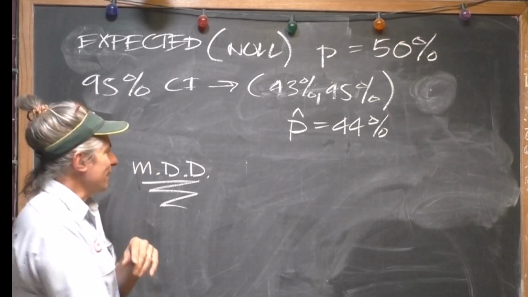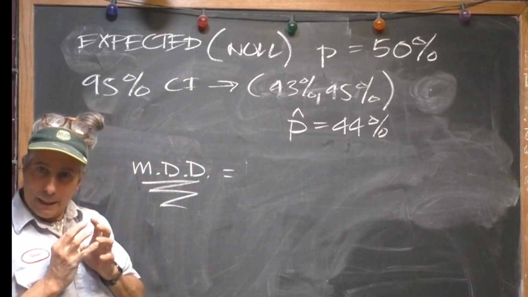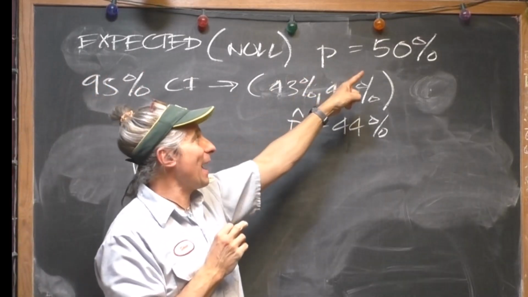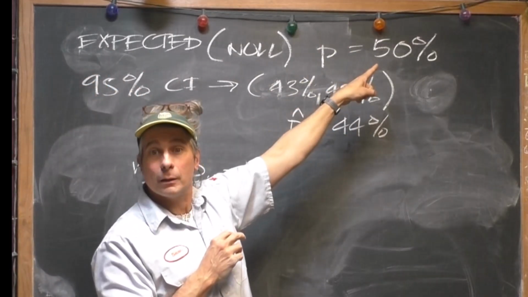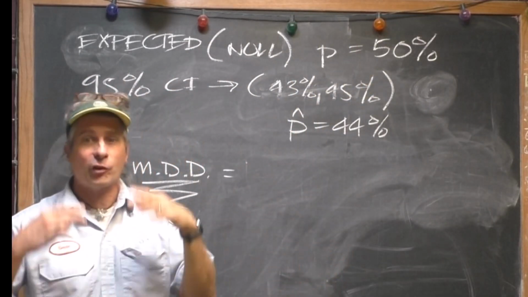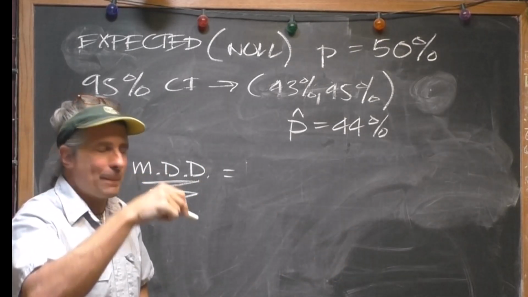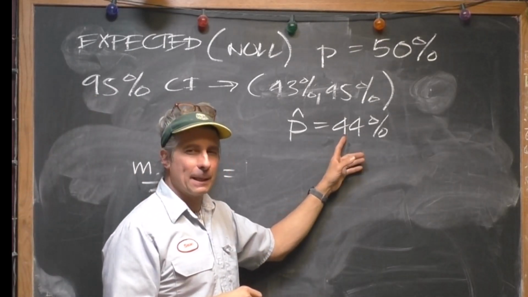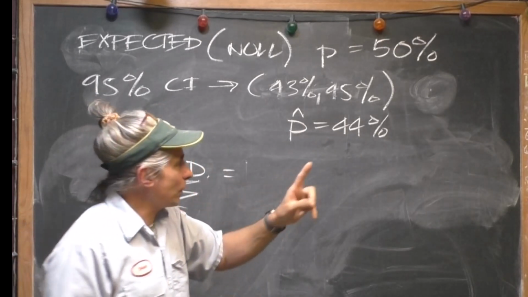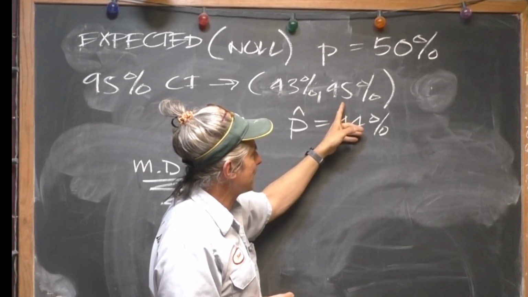What this does is it finds the difference between the expected value that you're looking for. You're expecting 50%. If you do anything with a coin, you're expecting a percentage of 50%. But our sample came up at 44%. But with the margin of error, it actually came up between 43 and 45%.